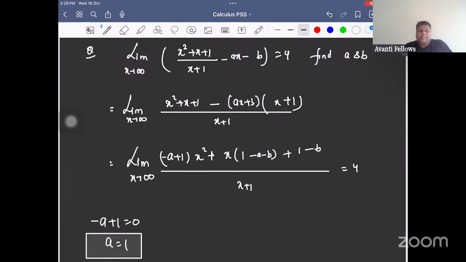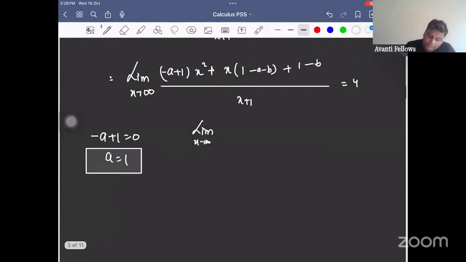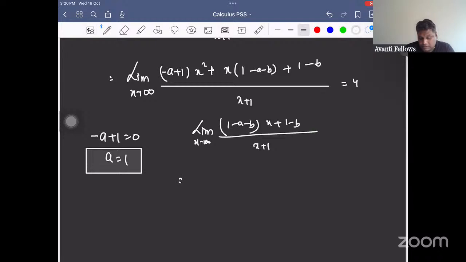Now your question is left as limit x approaches to infinite, 1 minus a minus b into x plus 1 minus b upon x plus 1. That is limit x approaches to infinite.